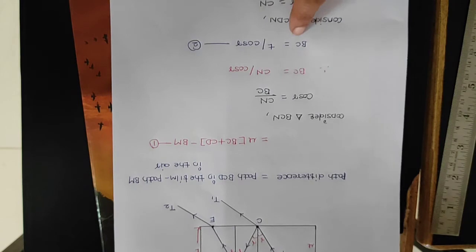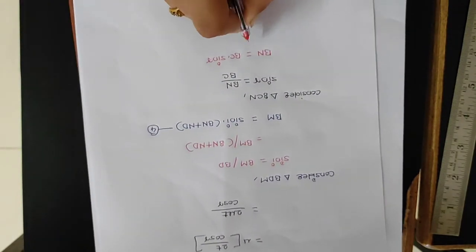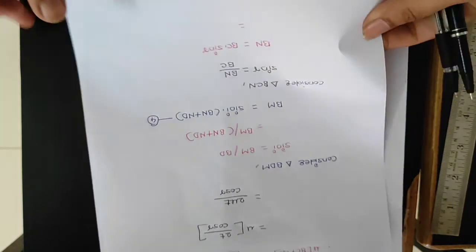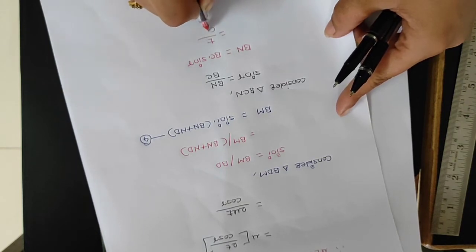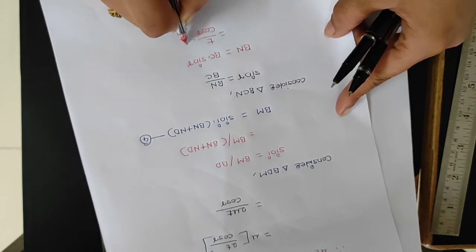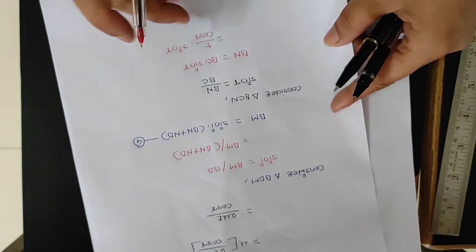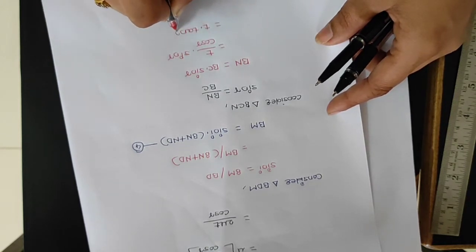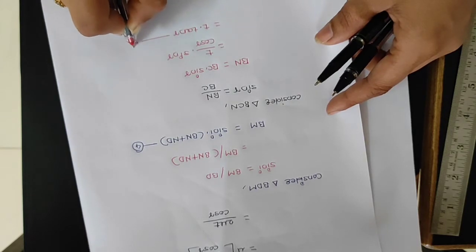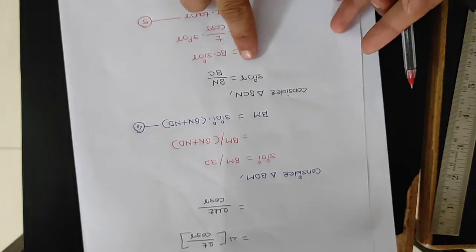So we just put the value of BC here, we get t divided by cos r into sin r. Now again sin divided by cos is equal to tan. So we can write t into tan r. Give next equation, equation number 5. Understood? Now we get the value of BN.